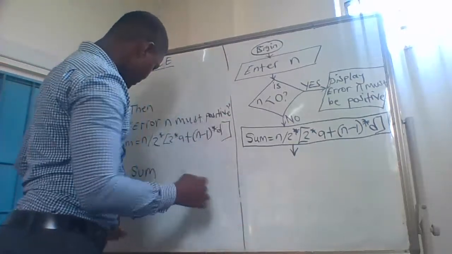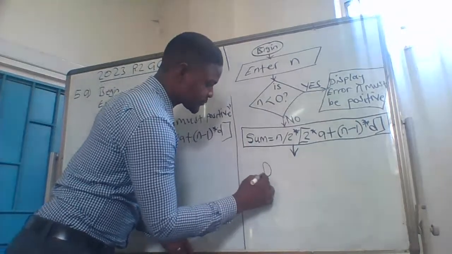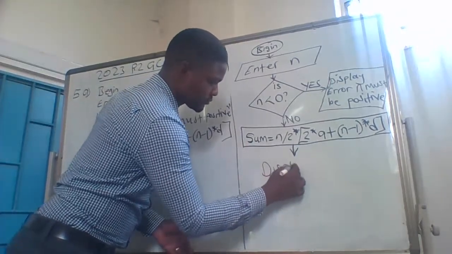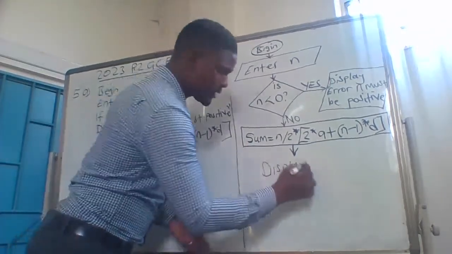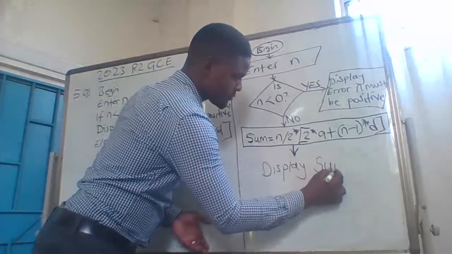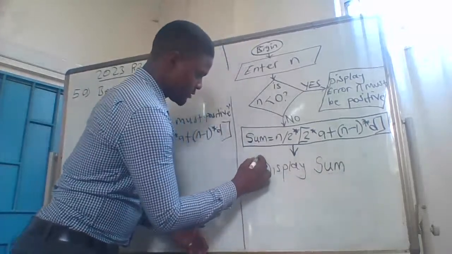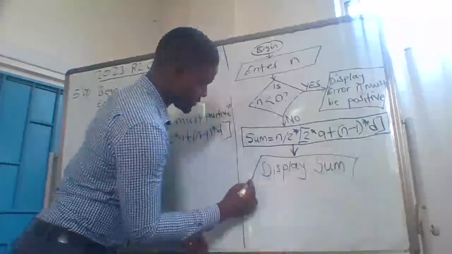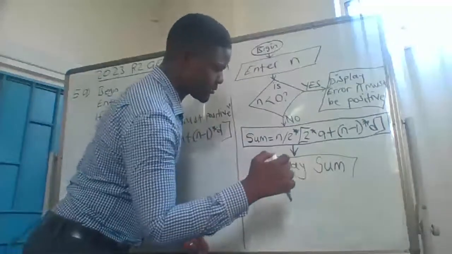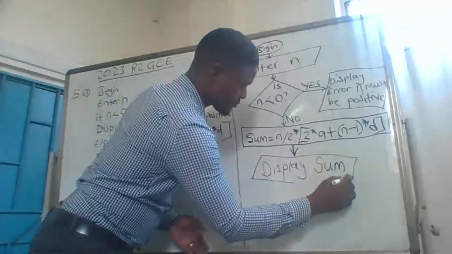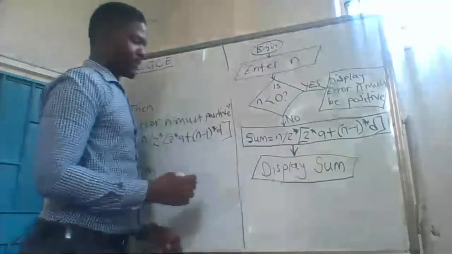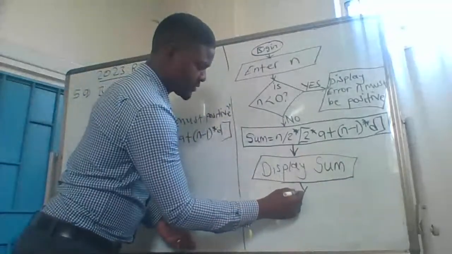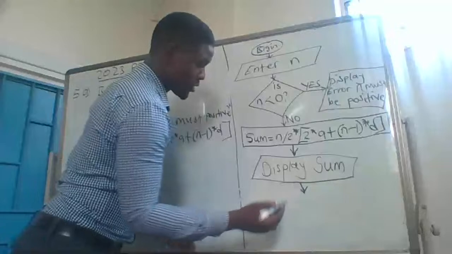So here we're going to say display. What are you displaying? Display sum. Then this will be the symbol, the slanted one on the side. Then after that, what comes next?